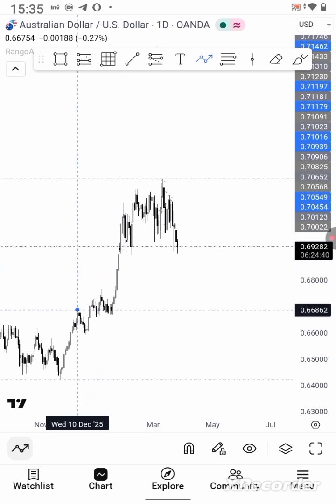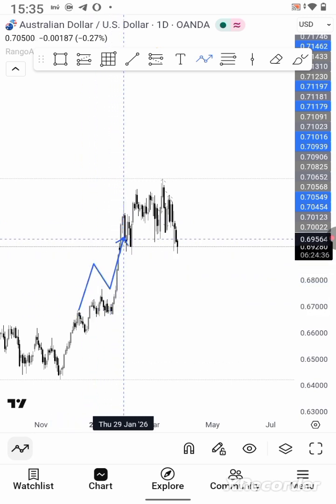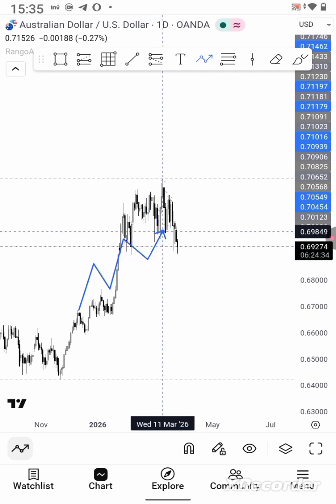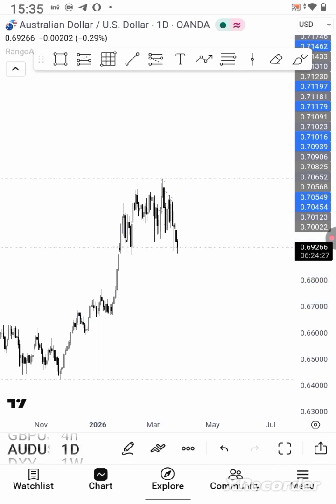Higher high, higher low, higher high. Is this what it is producing, or the other way around? Now it may not be as picture perfect as I drew it, but you want to look out for that.